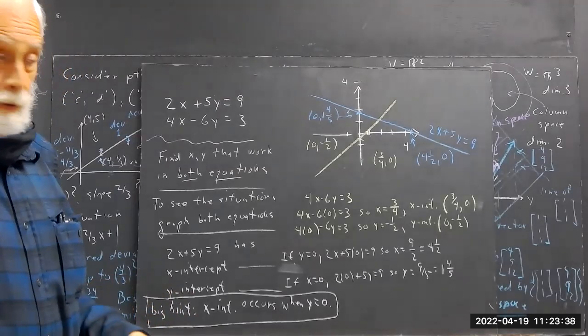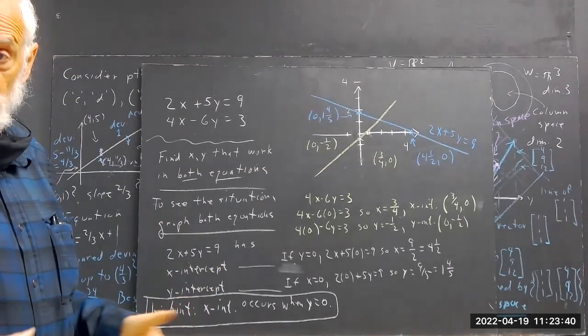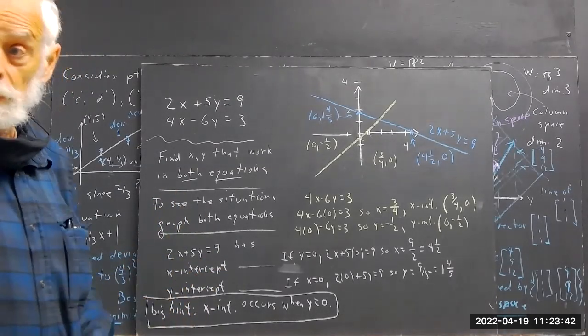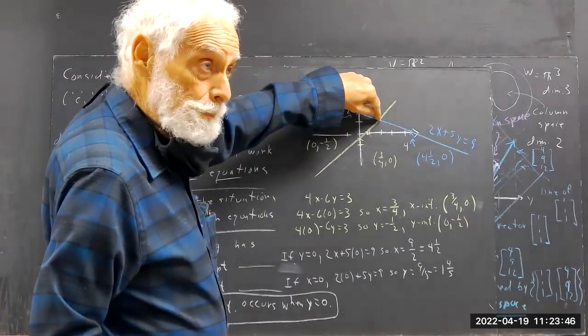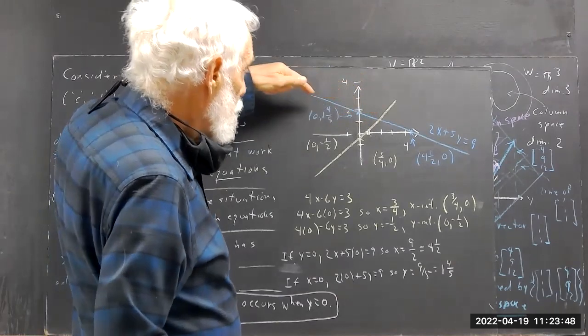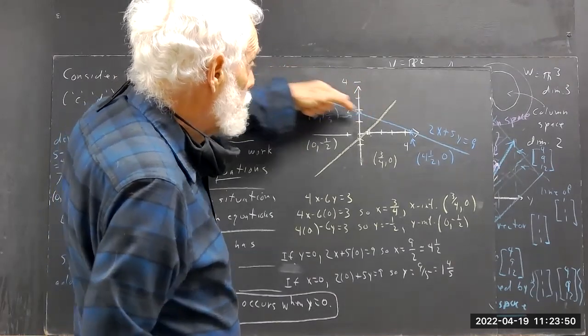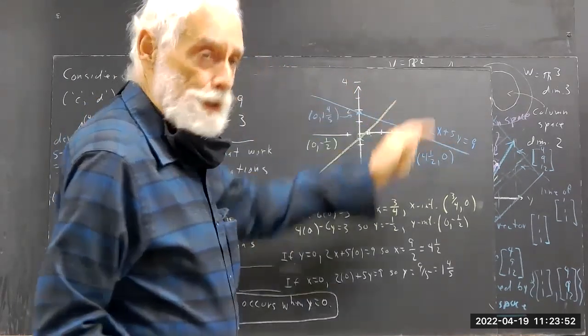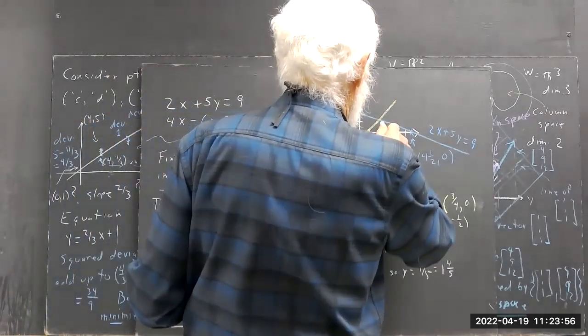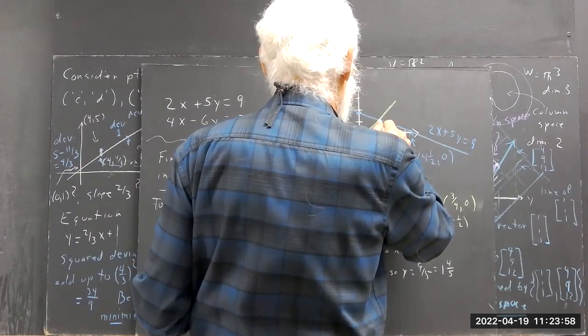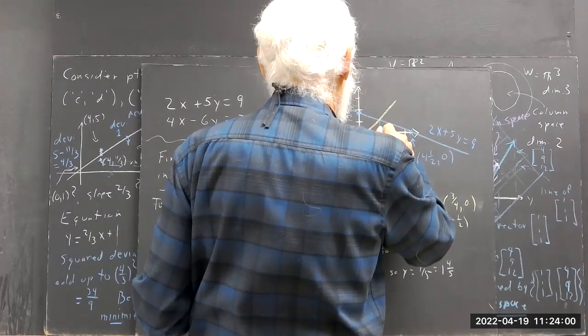The points that satisfy both equations would be any points where the two lines meet. Well, that's only one point. At this point, the x and y for this point satisfy both equations because this point lies on both graphs. Now let's make an accurate, honest estimate here. It's not going to be all that accurate.